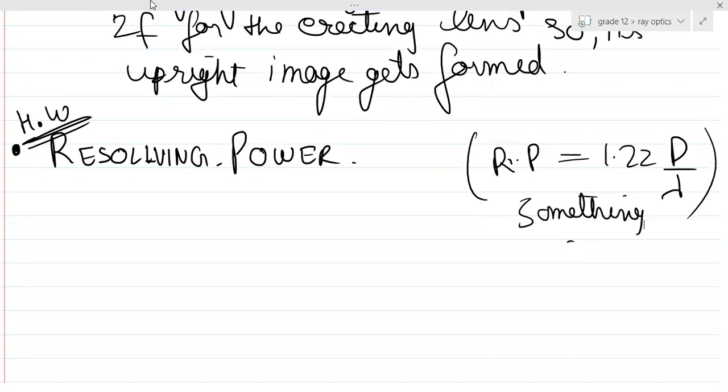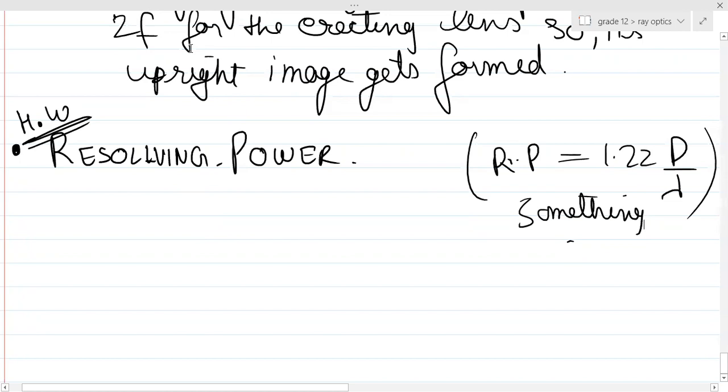See whether you have any doubt or not. This part I'm giving you as homework, so that at least you read through it, from the NCERT. Even I need to go through it. But I know that resolving power is basically the minimum power of the telescope where two images can be separated distinctively. So something related to this formula is there.